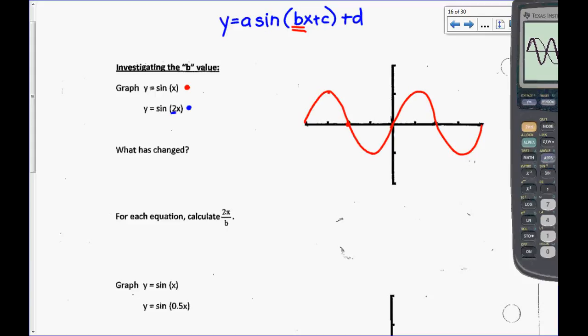Okay. And now, when I have put in a value in front of my x, so it's sine of 2x, this is what happens all of a sudden. What do you notice has changed here?